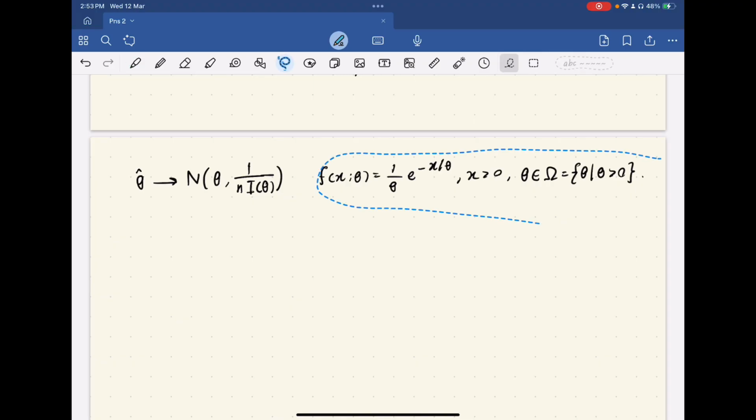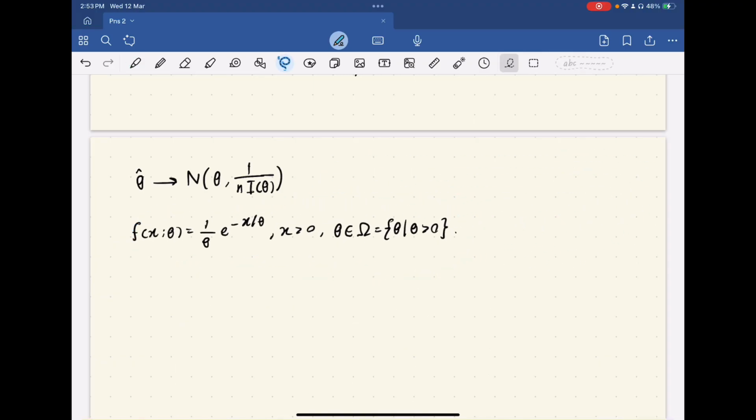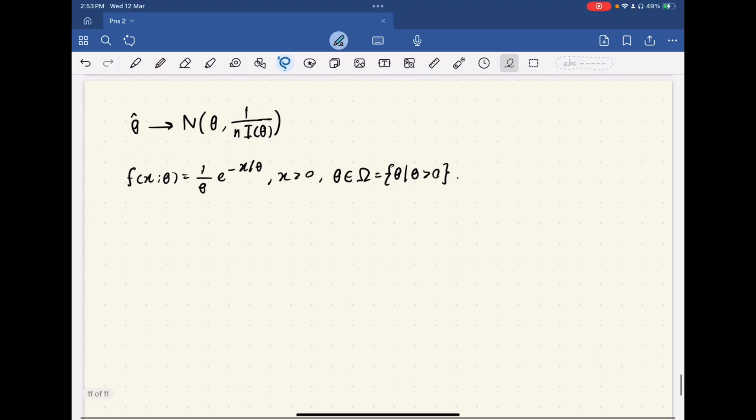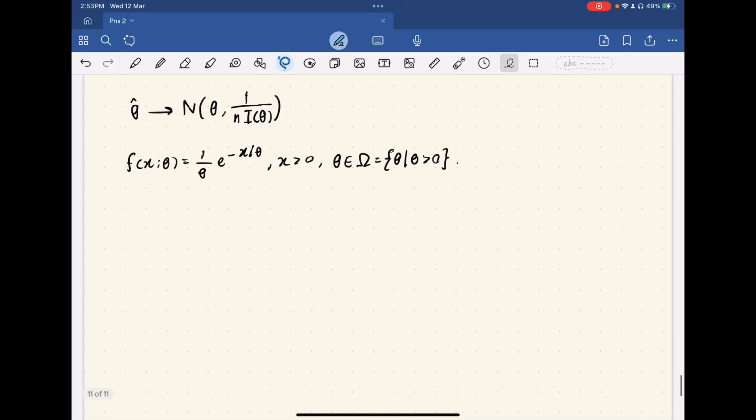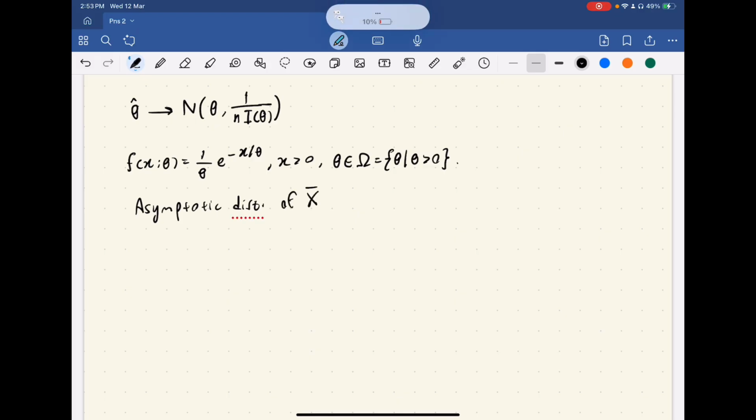Okay. So we want to find the asymptotic distribution of x bar, that is the sample mean, associated with the MLE, right? Since the sample mean is the MLE of theta. Okay.